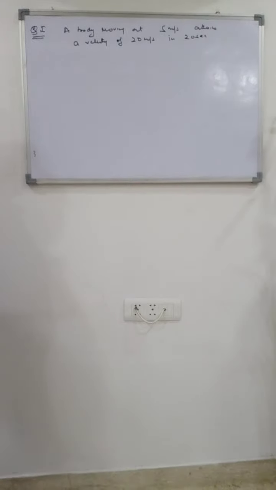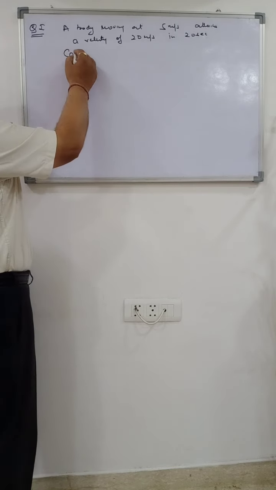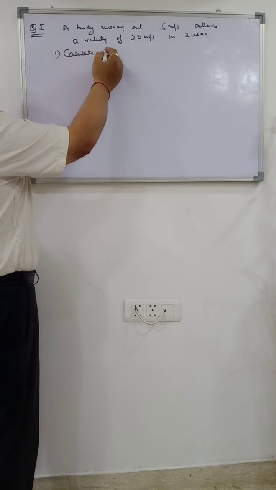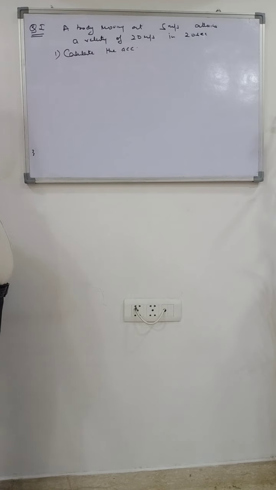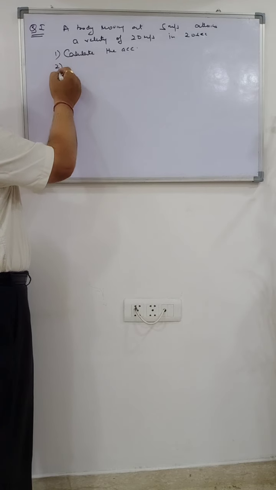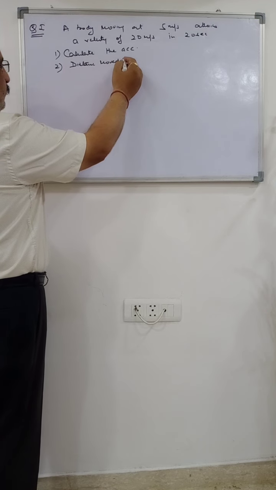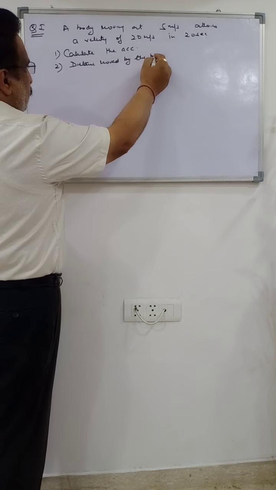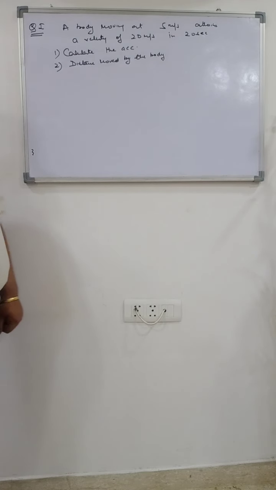Calculate number 1, the acceleration, and number 2, the distance moved by the body.